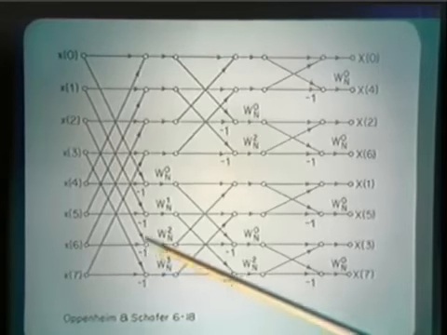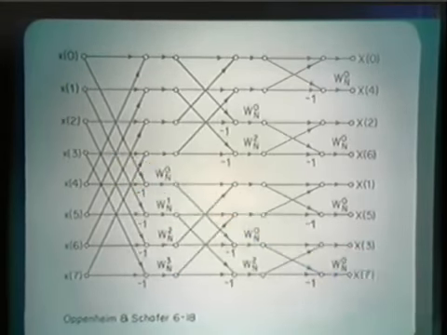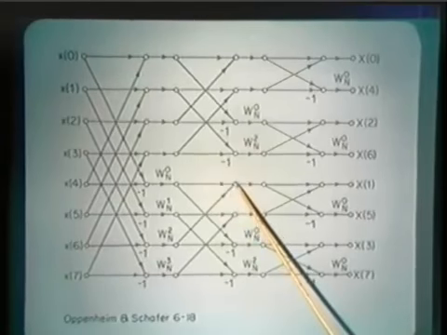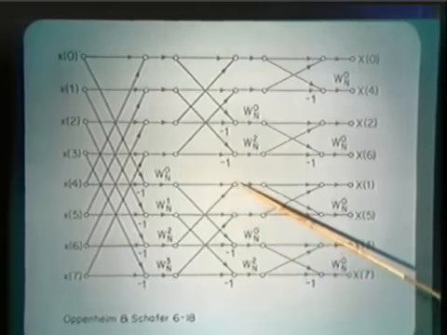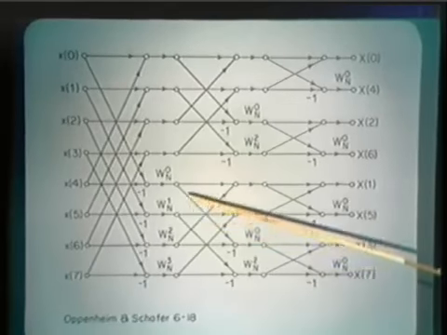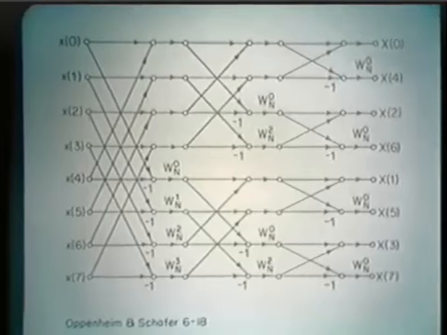And as I stressed last time, it also corresponds to an in-place computation because of the way in which the butterflies are laid out. In particular, the output nodes for each butterfly are horizontally adjacent to the input nodes.